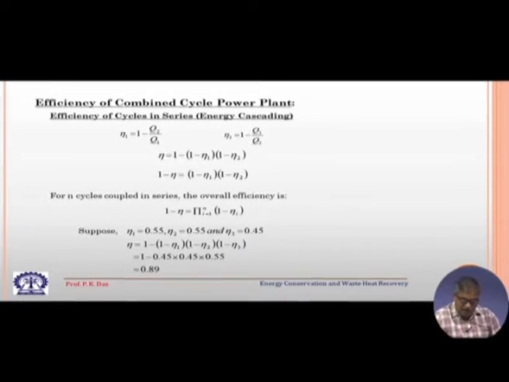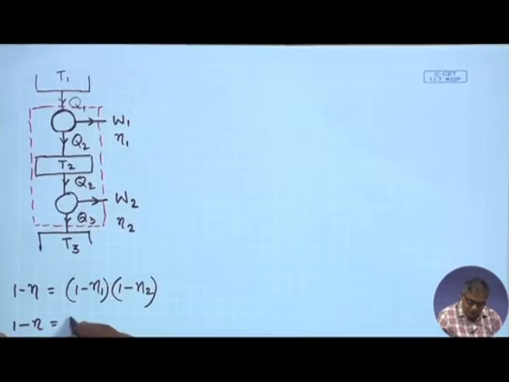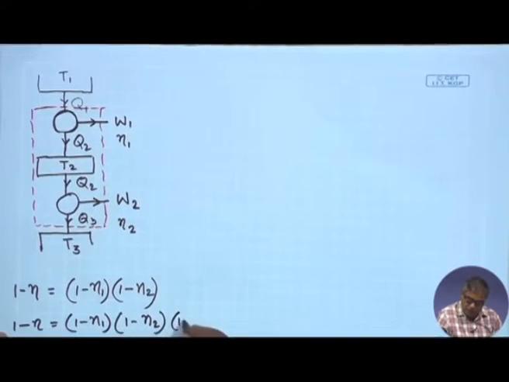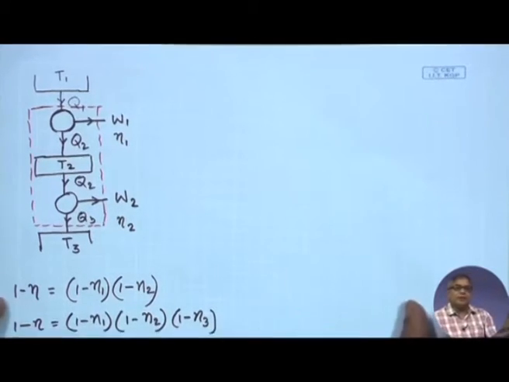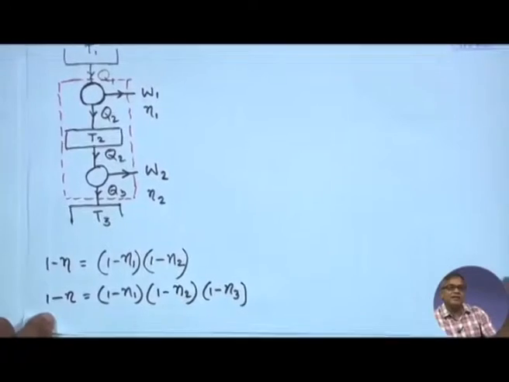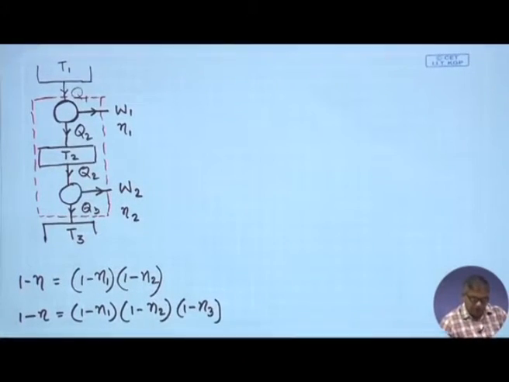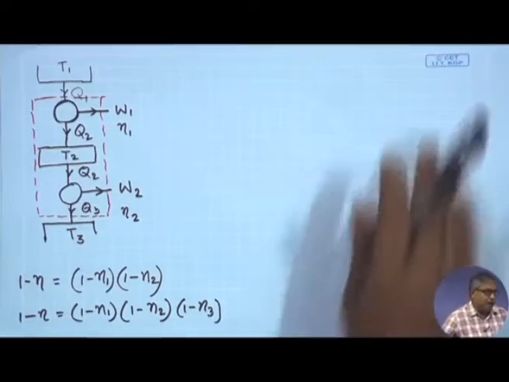So, for 3 cycles we will get 1 minus eta 1 into 1 minus eta 2 into 1 minus eta 3. Just like this we will get the expression for efficiency for different cycles. So, it will be given by a product.